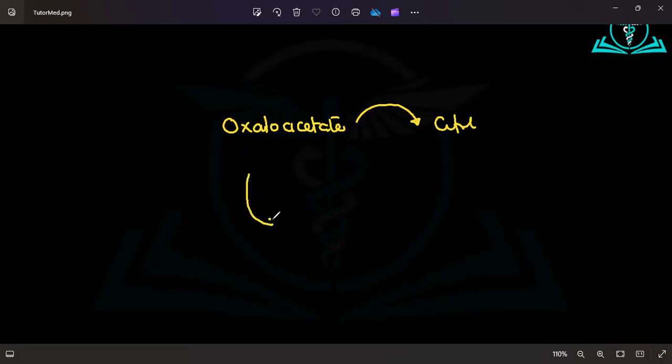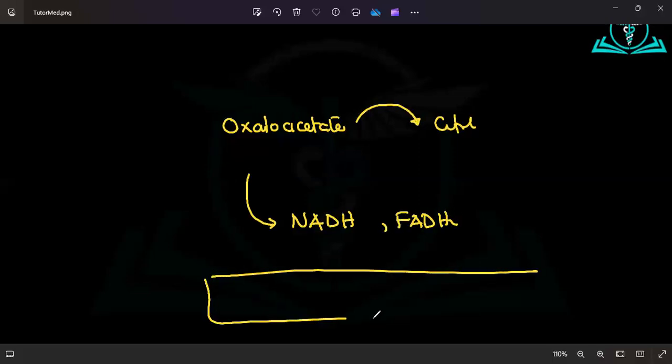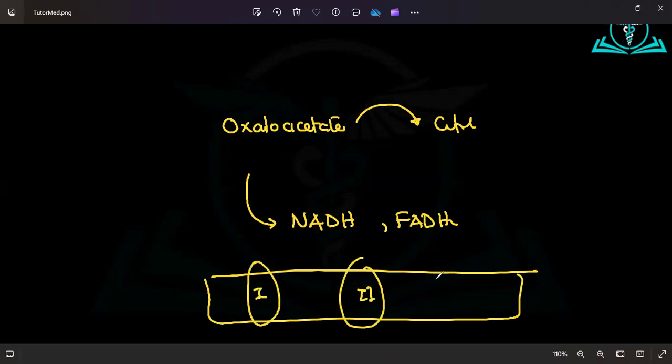And then in the end, what you are going to generate is NADH and FADH, which are electron carriers. Then they will go through the electron transport chain, complex 1, complex 2, complex 3, complex 4, with some intermediaries, like the cytochrome and all that. You don't need to know that. So the point is that these guys would send their electrons.